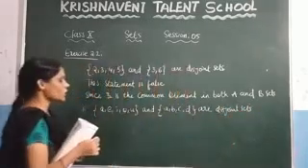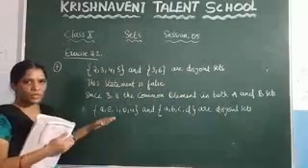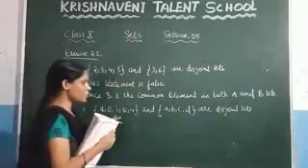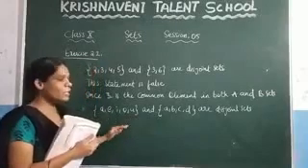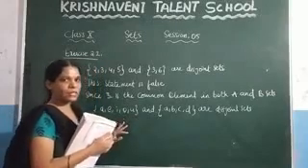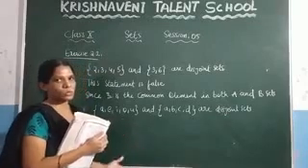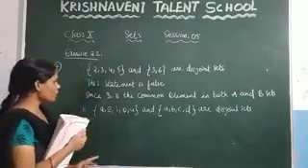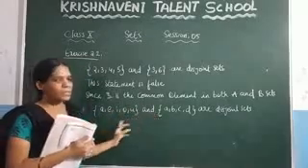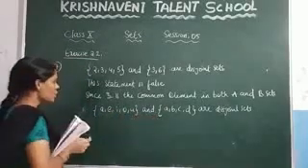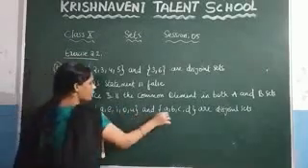Again, you need to check what is the common element present in both these sets. If any common element is present in these two sets, we can say that these sets are not disjoint. That means there should not be any common element present in these two sets. Now see here, you can observe that A is the common element present in both of these sets. So we can say that these two sets are not disjoint.